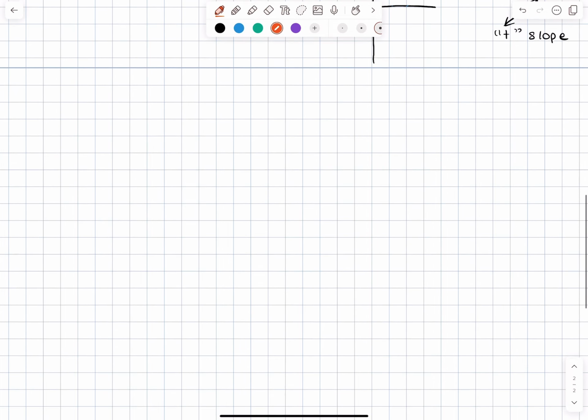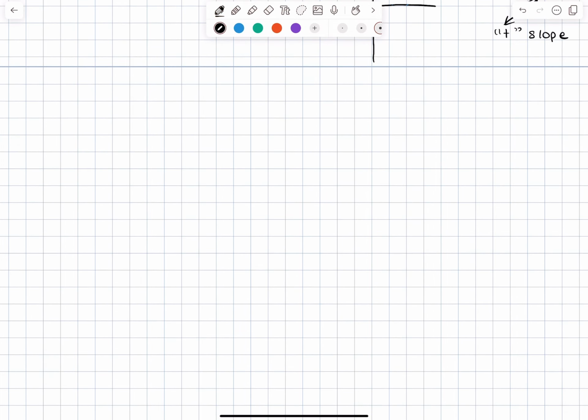So let's say we have something like this, y equals 5. You're probably saying, well, there's no x value and there's no b value, so how would I solve this? Well, it's kind of intuitive. Let's say we have these points here, and this was 1, 2, 3, 4, 5.